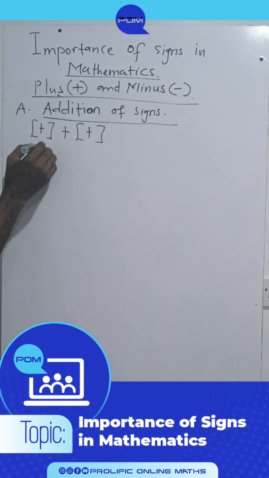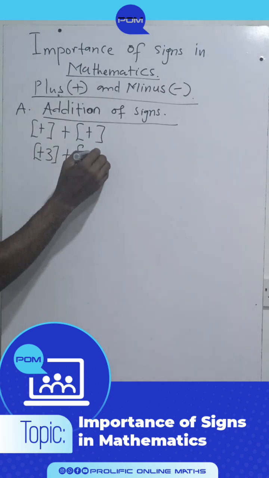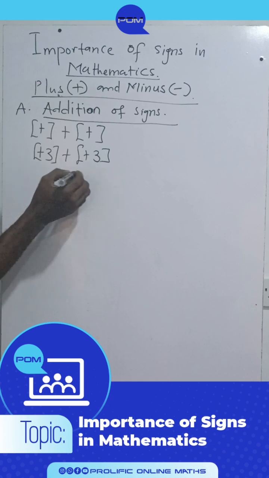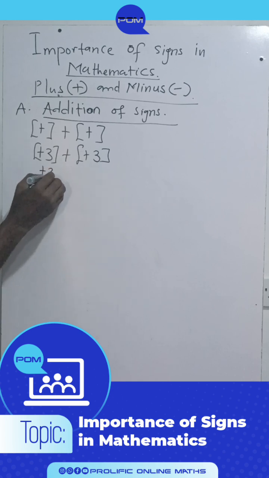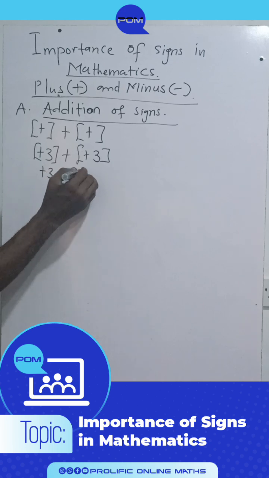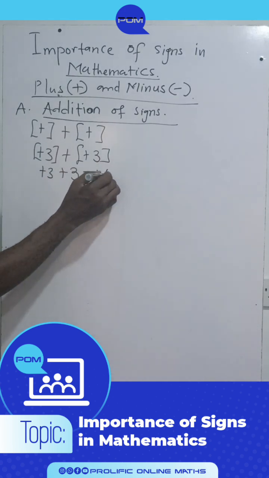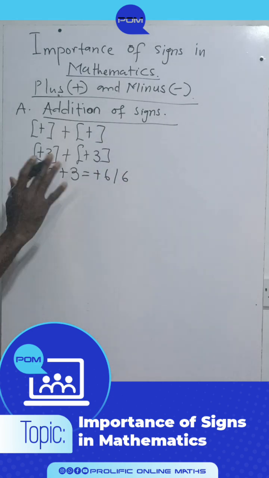So here, if you have plus 3, for example, plus 3 again, what this is telling us is plus 3, plus plus will give us plus, then you have 3 here, which will give us 6. 3 plus 3 will give us plus 6, or you just have your 6.